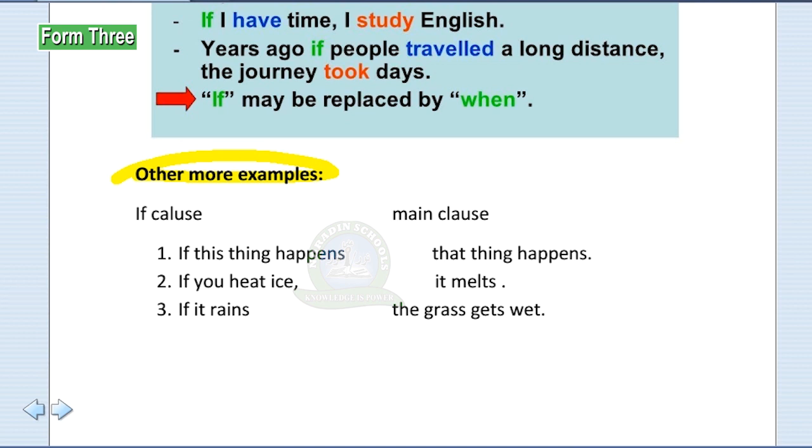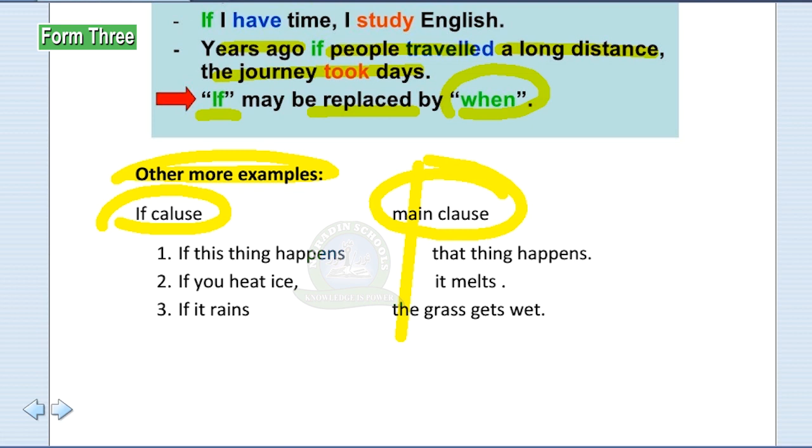Look, we have more examples here about conditional type 0. We have had this example: years ago, if people traveled a long distance, the journey took days. It's true. But don't forget this: if may be replaced by the word when. So here we have the if clause and main clause.